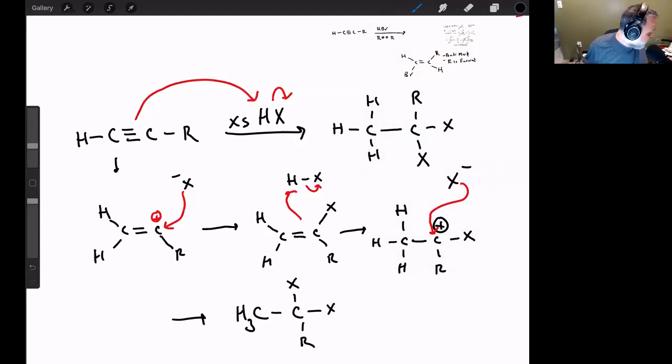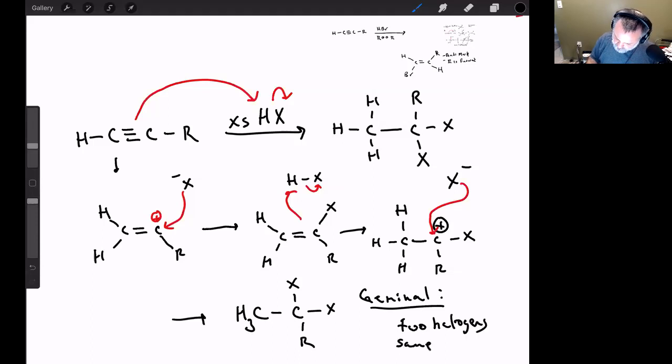A product where you have X added twice. So this is called a geminal halide. Geminal means two halogens on the same carbon, so it's a geminal dihalide.